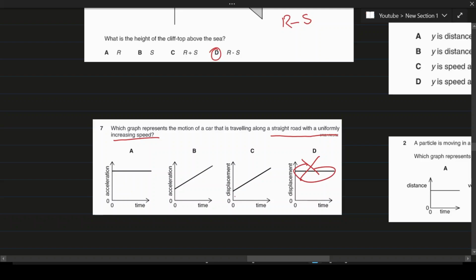Similarly, if the speed is increasing, the graph should be like this, so this is also not correct. From these two, we can see that they are uniformly increasing, which means that acceleration is constant. There is acceleration, but it is constant. So A would be the correct answer because acceleration is constant.